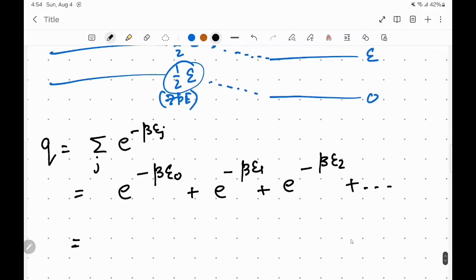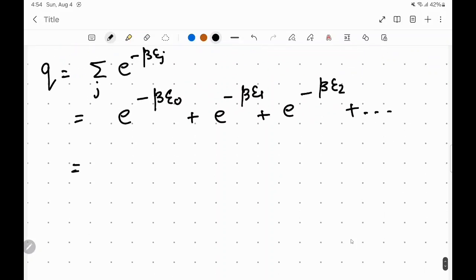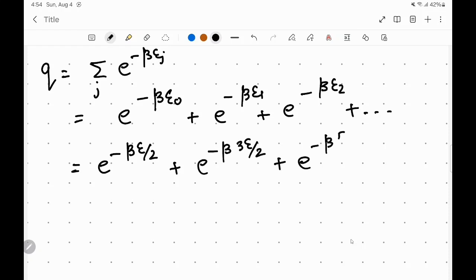And e0 is epsilon by 2, so e to the minus beta epsilon by 2, then 3 epsilon by 2, 5 epsilon by 2, and so on.